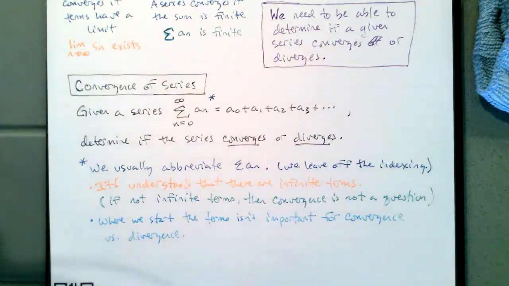If it's a series that we can actually find the sum of, then where we start matters because we're actually adding things up. But if it's just a question of does it converge or diverge, is the sum infinite or finite, then it doesn't matter where we start the terms. If the series as n goes from 0 to infinity diverges, the series as n goes from a billion to infinity also diverges.